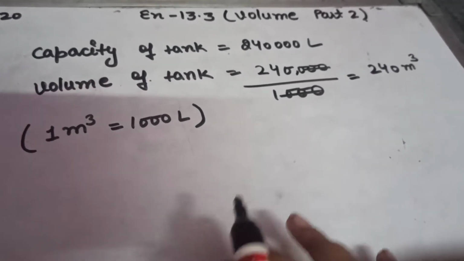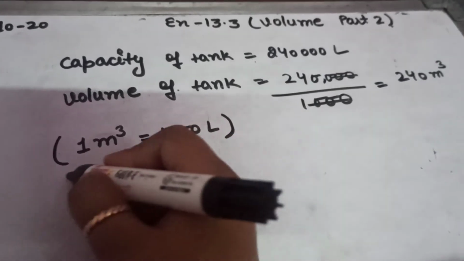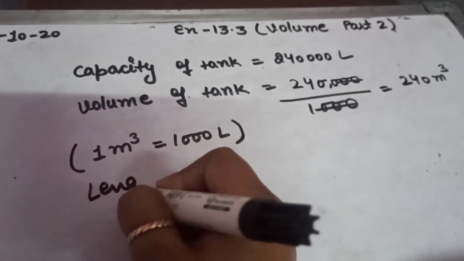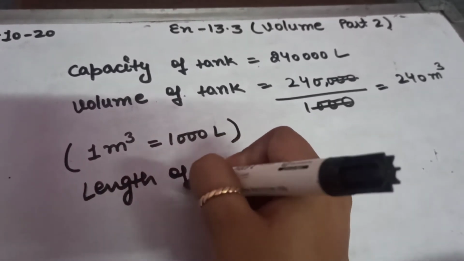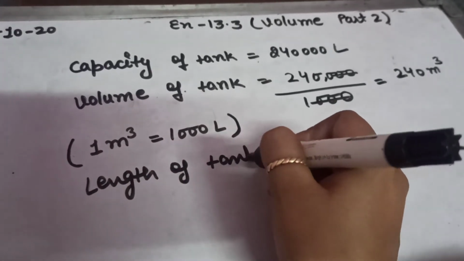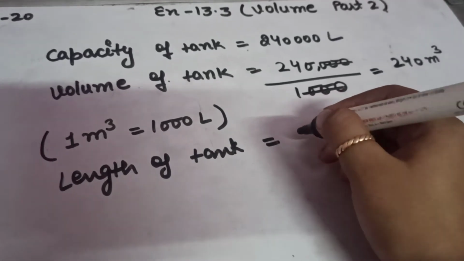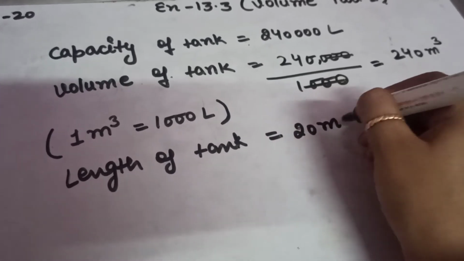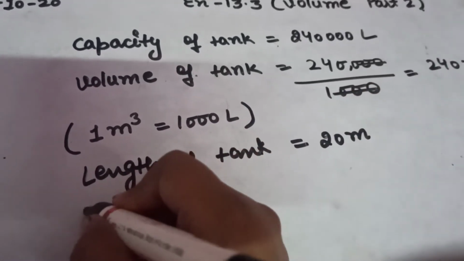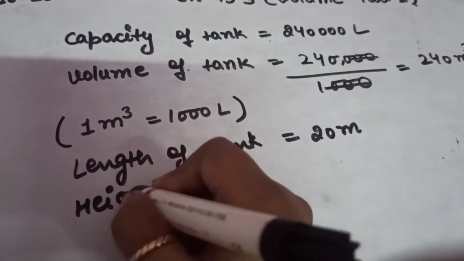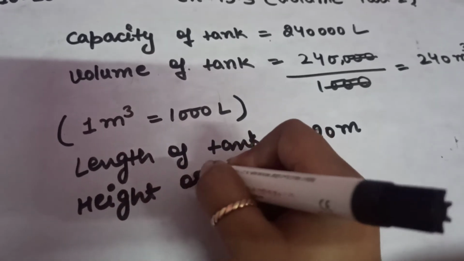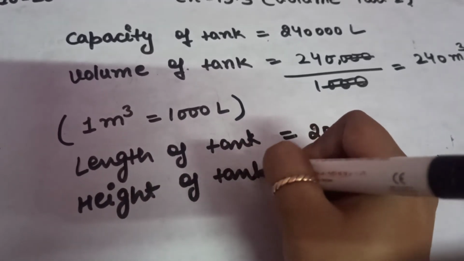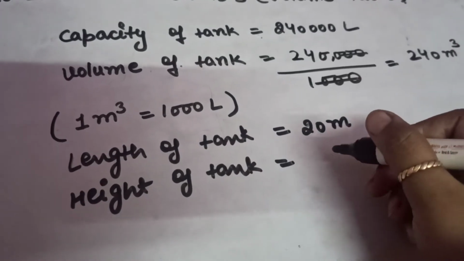Now, what is given here? That is the length of the tank. Length equals 20 meter, and depth. So, depth means height. Height of the tank, how much? 4 meter.